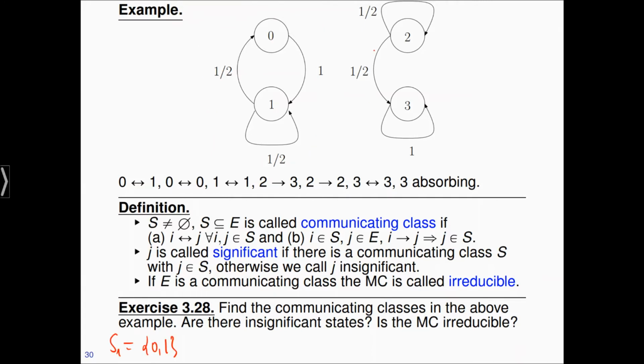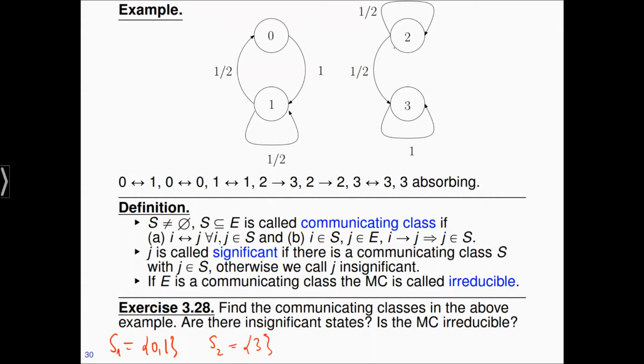The second piece of the Markov chain topology is a little bit more tricky. Certainly 3 itself, just the set with 3 in it, is a communicating class, because you can reach 3 from 3 and you cannot reach anywhere else. So S2, the second communicating class, is {3}.